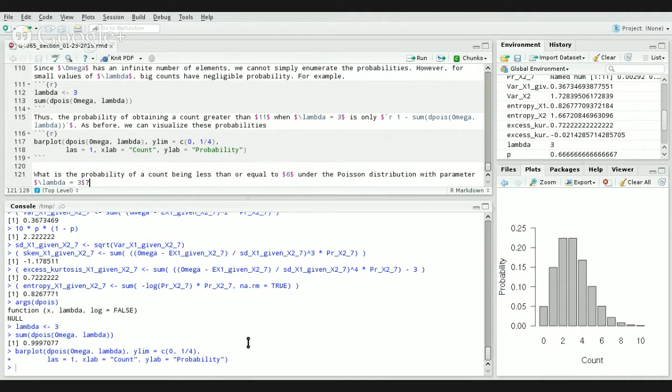In order to answer this question, we simply take the probabilities under a Poisson distribution for the first 7 elements of omega, or we could just put in again 0 to 6, and using the parameter lambda that we had specified before, summing those probabilities.